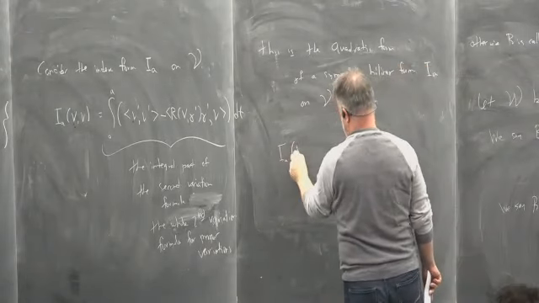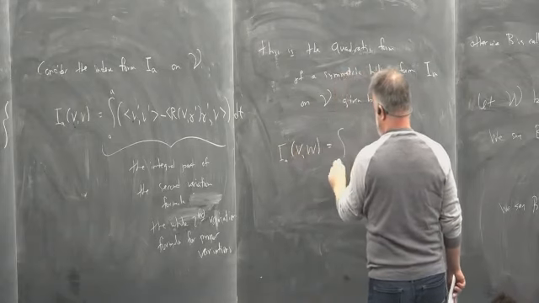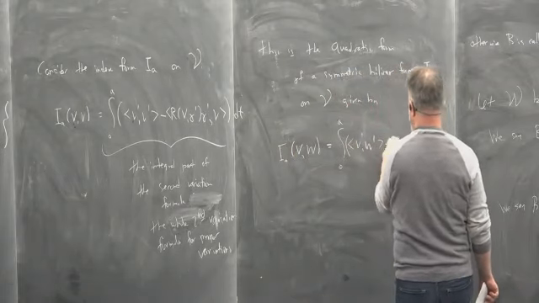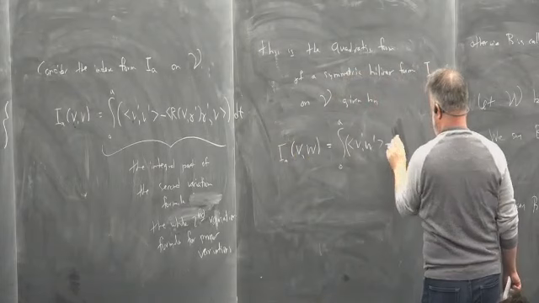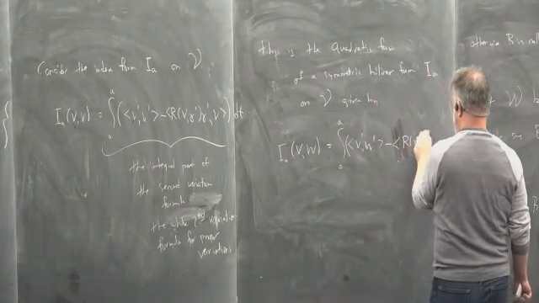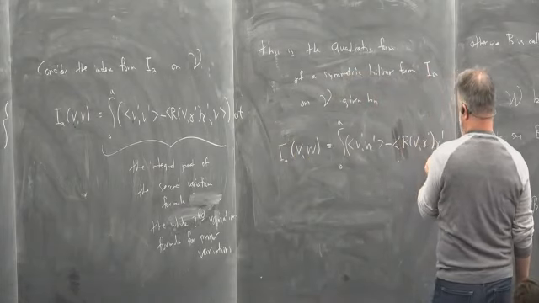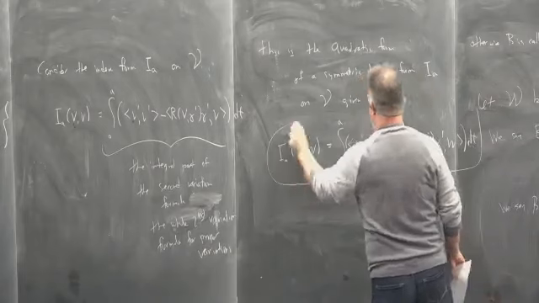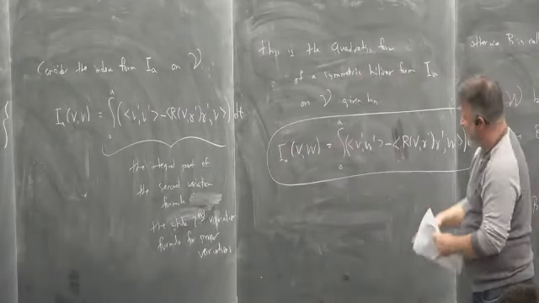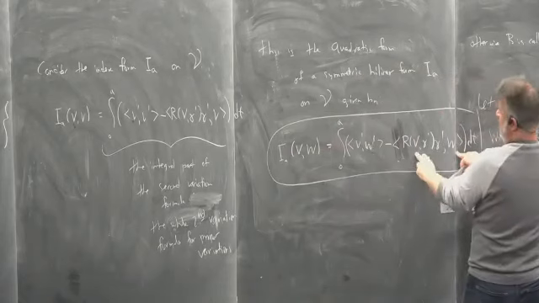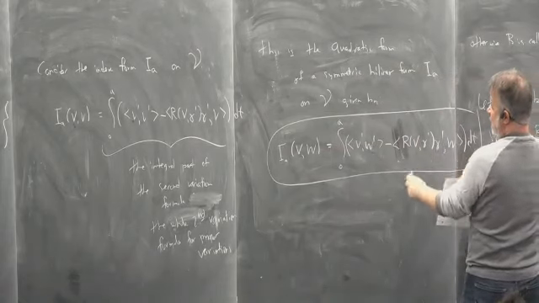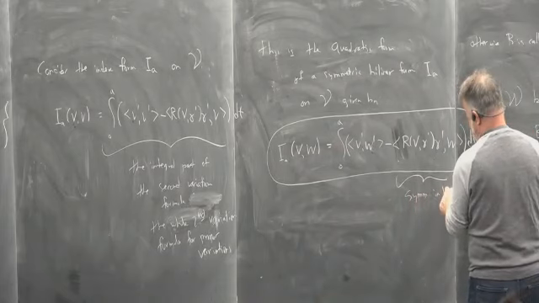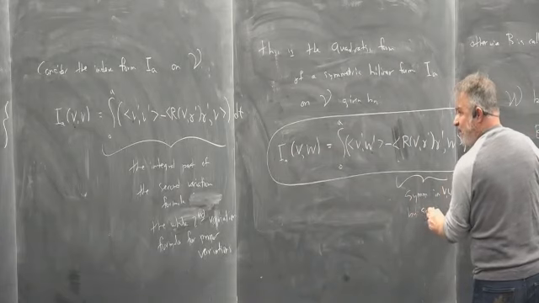we're going to define I_A(V,W) as the integral from 0 to A of V prime W prime minus R(V, gamma prime, gamma prime, W) dt. So first, this first term is obviously symmetric in V and W. The second is symmetric in V and W because of the symmetries of the Riemann tensor.